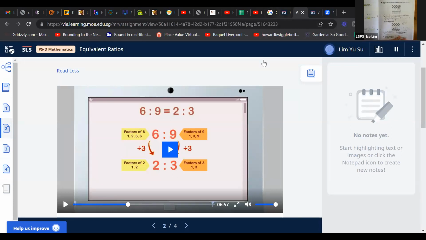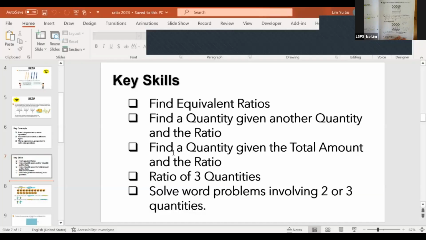Okay, now, these are the skills we have been talking about. Equivalent ratios. Quantify the quantity given another quantity. We started talking about this because of the chimpanzee yesterday.